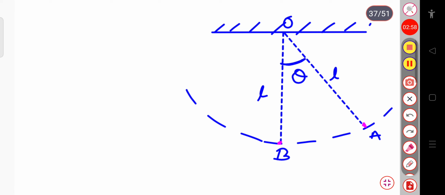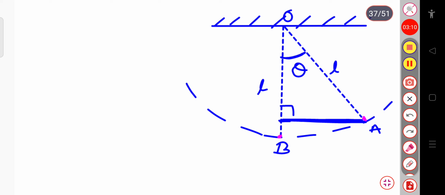So let us draw a perpendicular onto this. This is the perpendicular line. Suppose here I consider this point A, with coordinates x and y. Then I can write the value of x. First let me calculate sin theta.